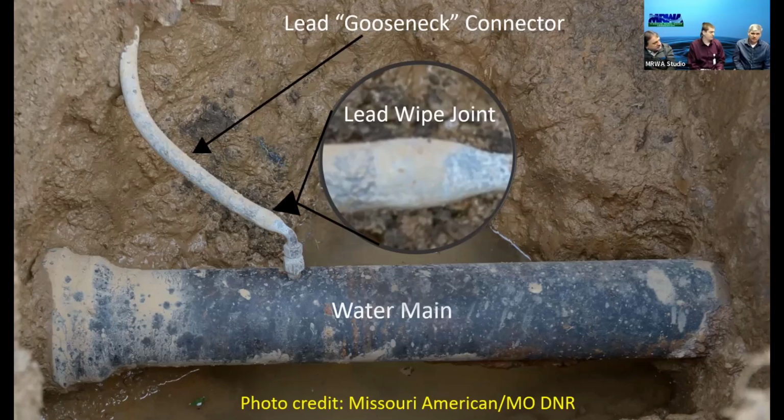Let's start with that. 1989, that's when they had the first lead ban that came out, and lead was still allowed to be in pipes, fittings, and fixtures up to 8%. And then on January 4th of 2014, the lead standard changed, and that brought pipes, fittings, and fixtures down to 0.25% as a weighted average on all wetted surfaces.